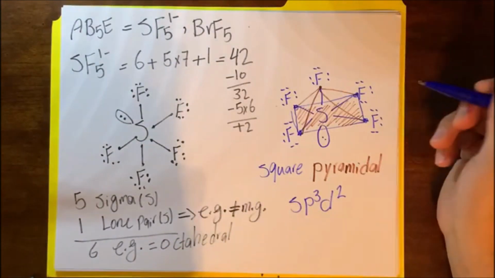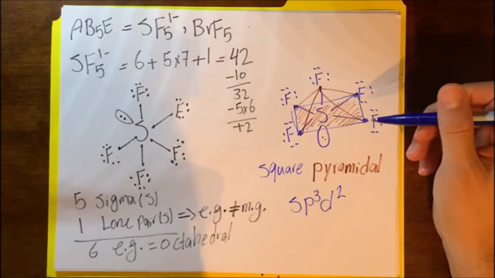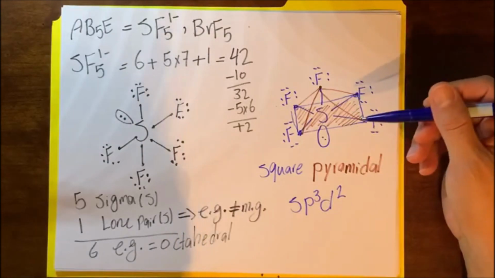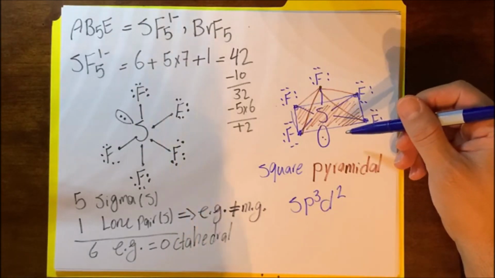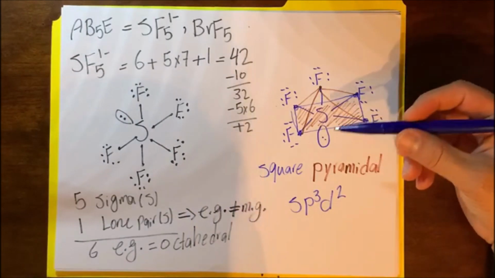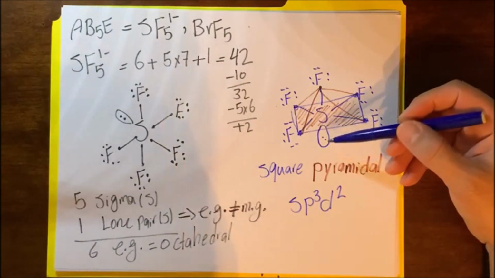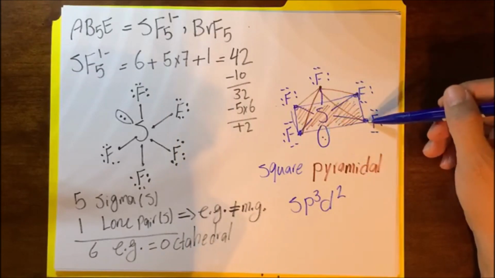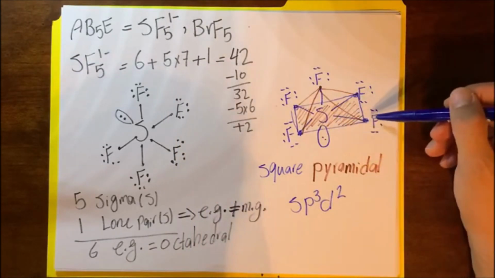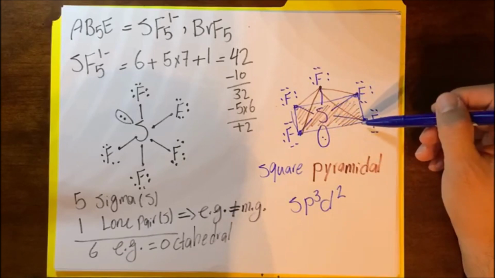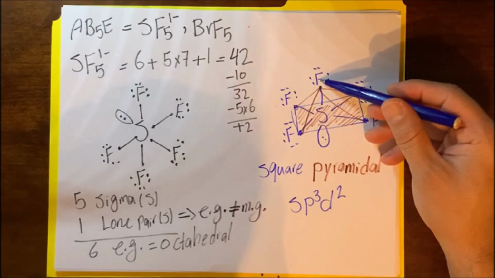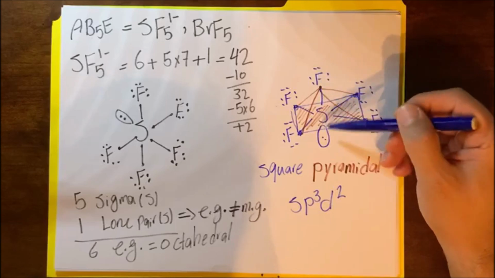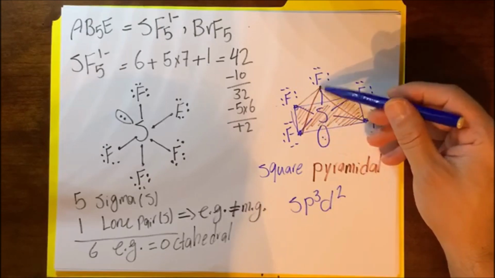How about 1 more lone pair? Now if you want to add 1 more lone pair to this system, try to put the lone pair way far from the first one. The first lone pair, we said you can put it anywhere. We put it here. The second lone pair, do not put in this position, because if you put it here, the bond angle between them will be 90 degrees. But if you put it in the axial position here, it will be 180 degrees far from the first one.